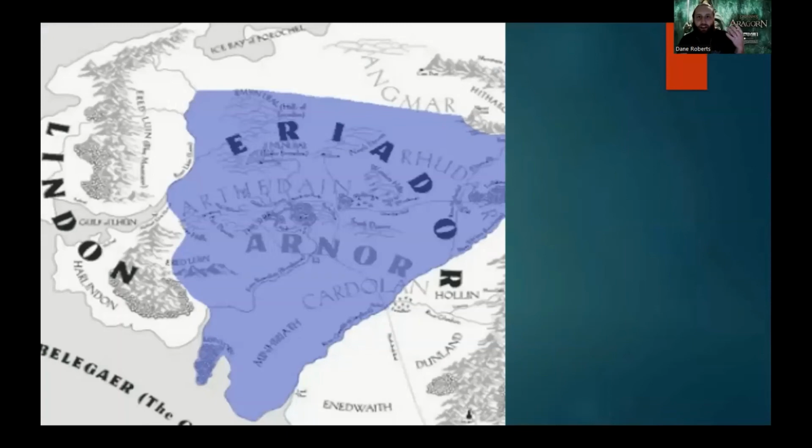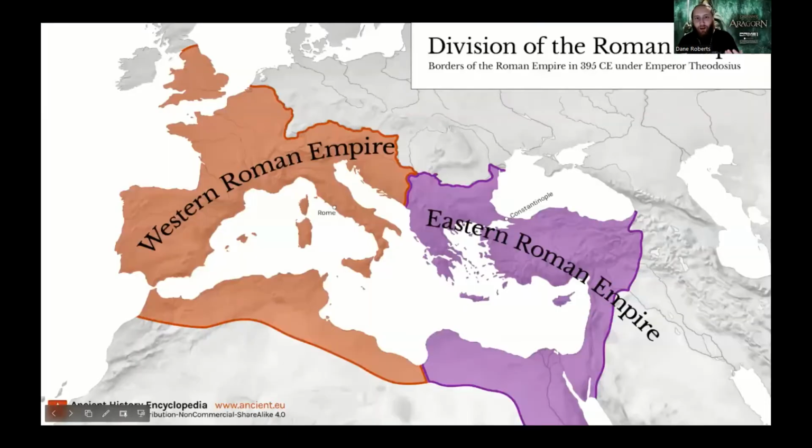What did he base these off of? Well, he based them off of the Western Roman Empire. The whole idea is that Gondor and Arnor used to be these two titans that ruled the kingdoms of the West and brought in a golden age of human dominance, essentially.